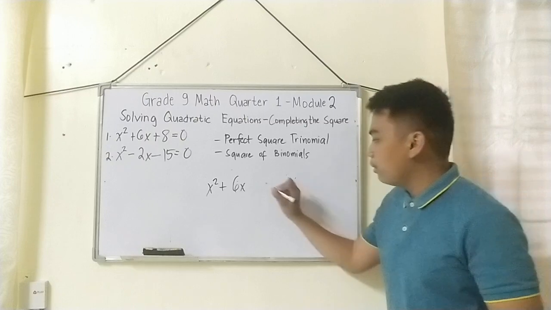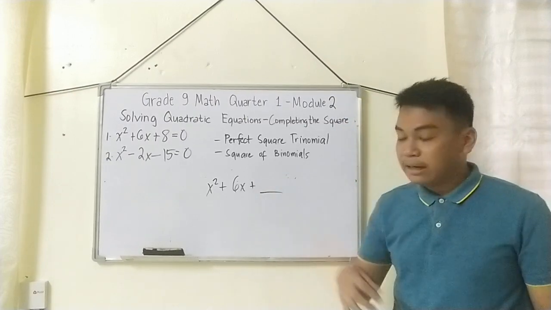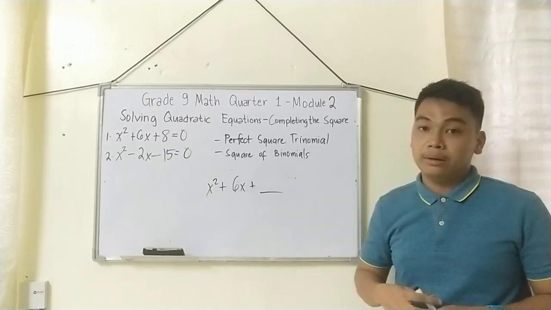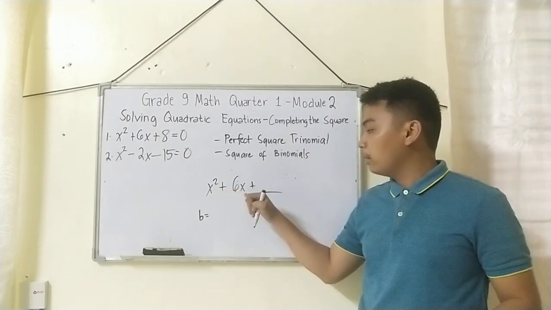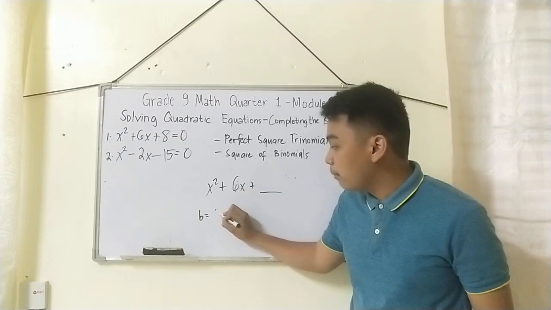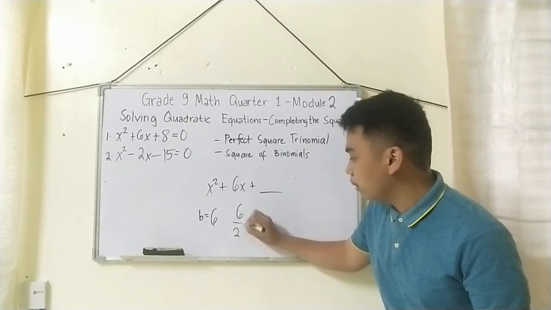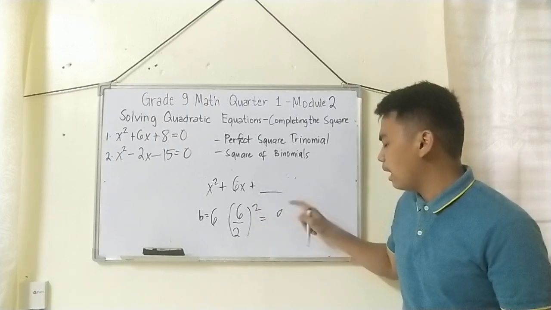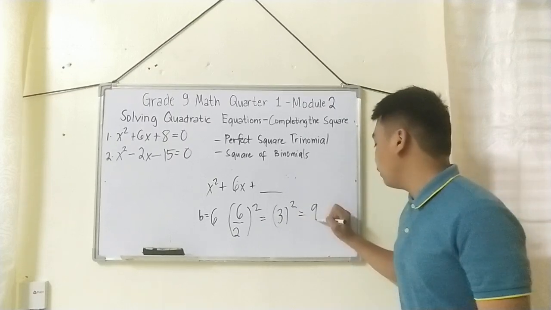First, let's identify the b of the given expression. Our b is the coefficient of the term with variable x, which is 6x. That means our b is 6. So divide 6 by 2, then square the result. We have 6 divided by 2, which is 3, rather. So 3 squared is equal to 9.